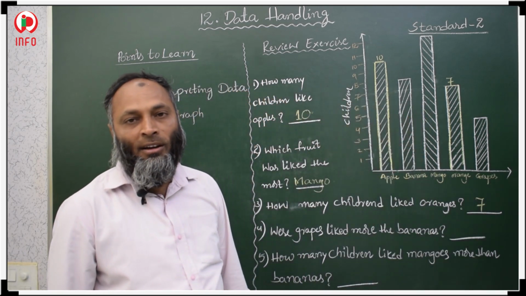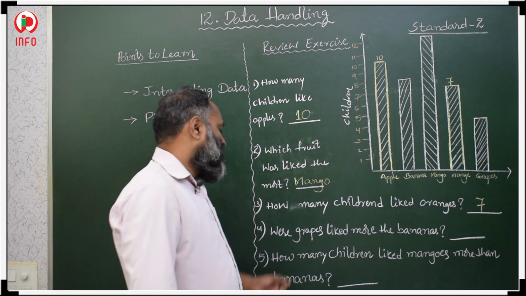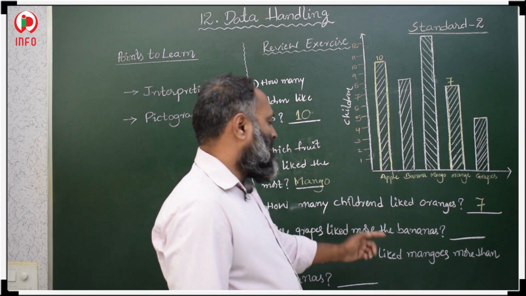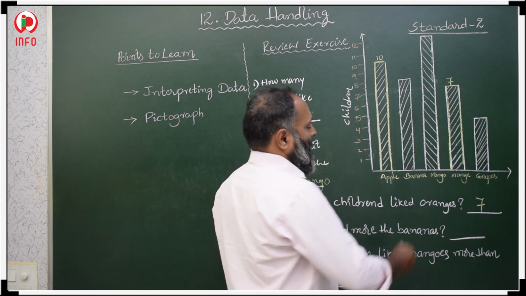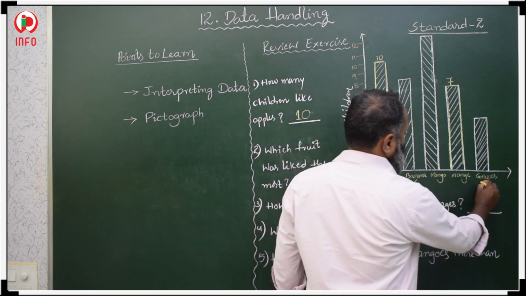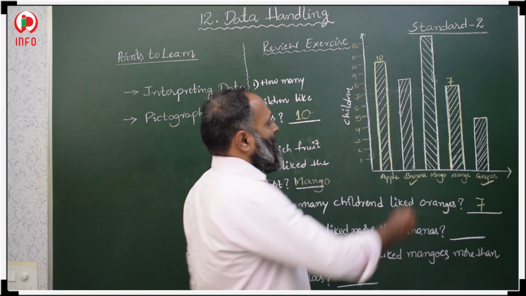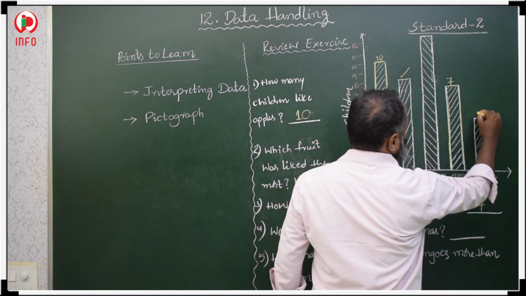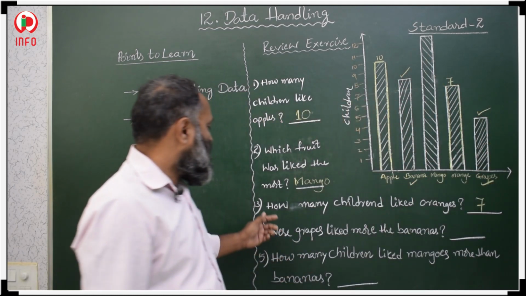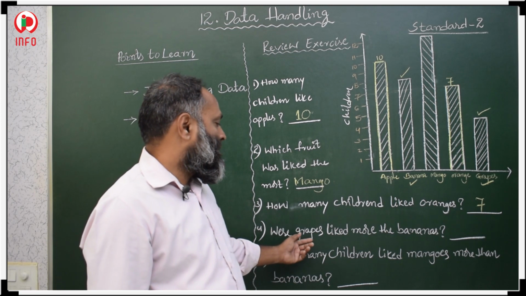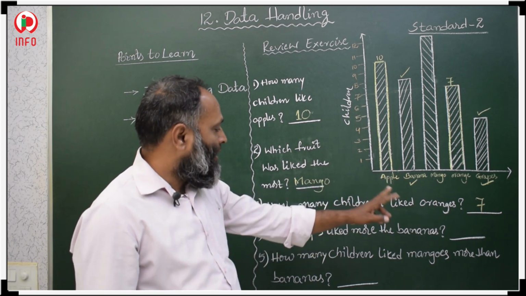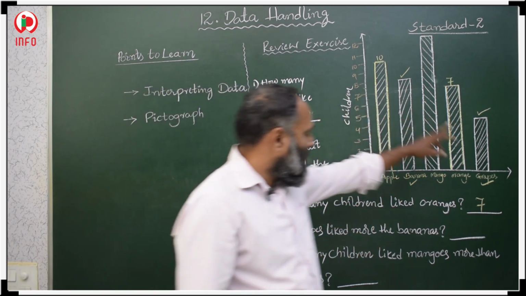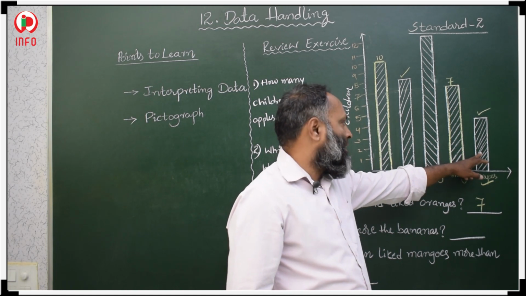Next: were grapes liked more than bananas? Here banana and grapes, compare these two. What is he asking? Were grapes liked more than bananas? No, less than bananas.